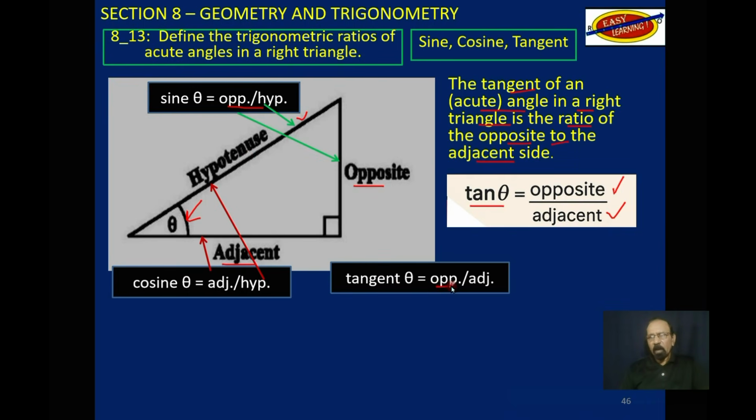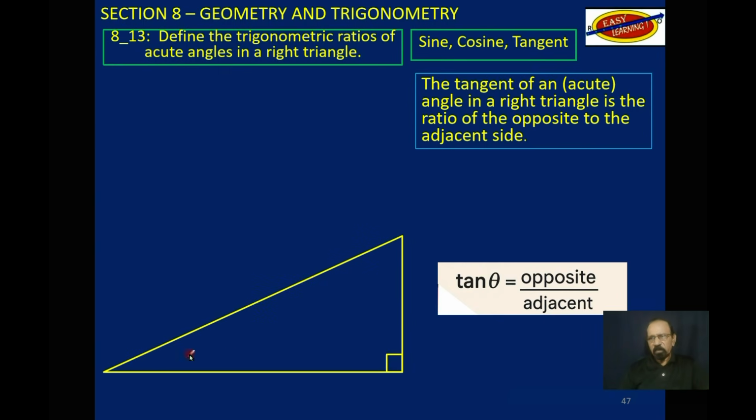We are dealing with opposite to adjacent, the ratio. So let's consider this right triangle here. If this is 30, now remember, we are not concerned about the hypotenuse. We are concerned about the opposite and the adjacent. That's the opposite. This is the adjacent.